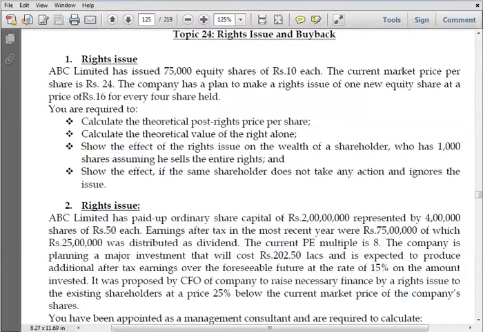In short, we are taking a weighted average of whatever shares are available. Your existing shares into existing price is technically called the existing value of the company.